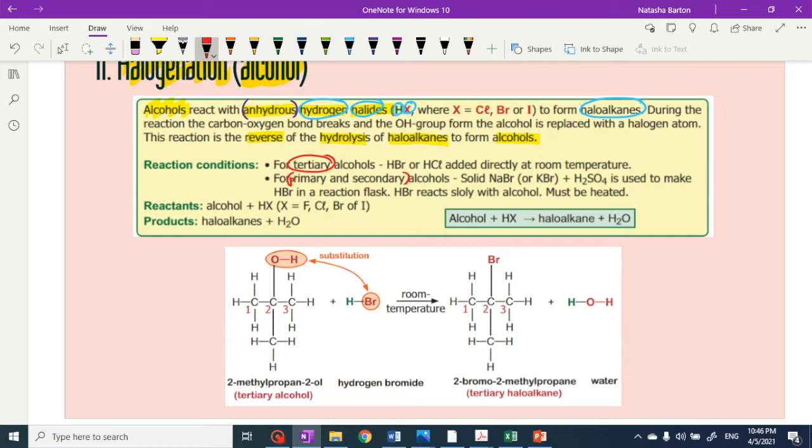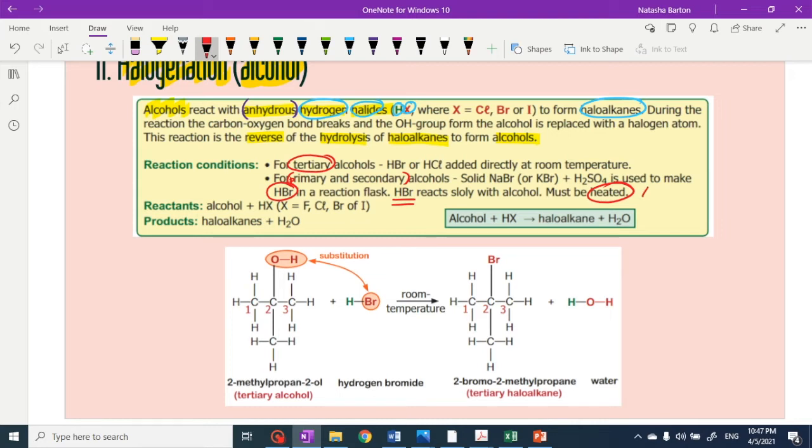On the other hand, primary and secondary alcohols, you will see in the process there's a reaction that takes place first to form the hydrogen halide. After that, however, you're going to take your alcohol and you are going to react it with that hydrogen halide, but it must be heated. So the reaction condition when you have a primary or secondary alcohol is the presence of heat.